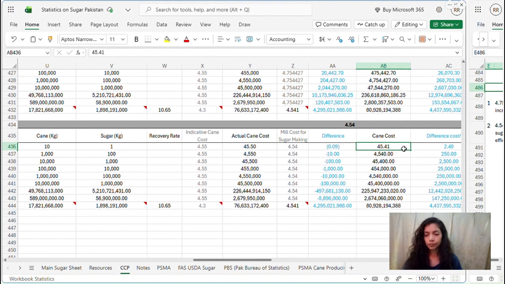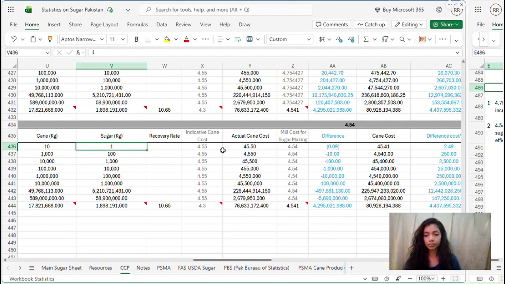Yes. So around page 16, there was this table which referred to the sugarcane cost, that is sugarcane cost required to produce 1 kg of sugar.